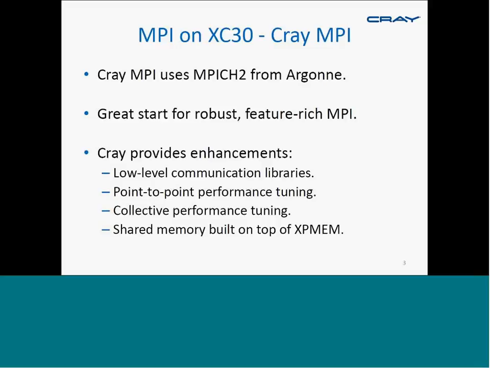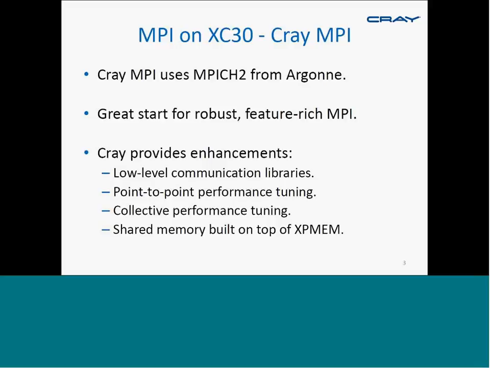So, the Cray MPI library started out pretty much as the standard MPI from Argonne National Labs. It's a good start. It's robust, it's stable, it's tried and tested, a great starting point. Cray adds a whole bunch of features.